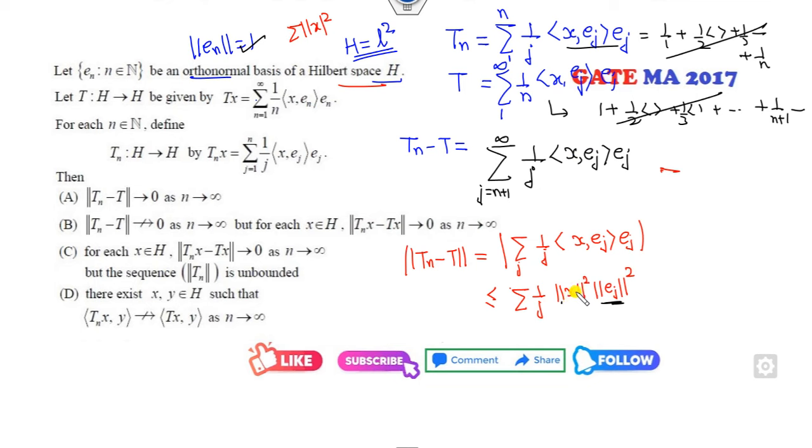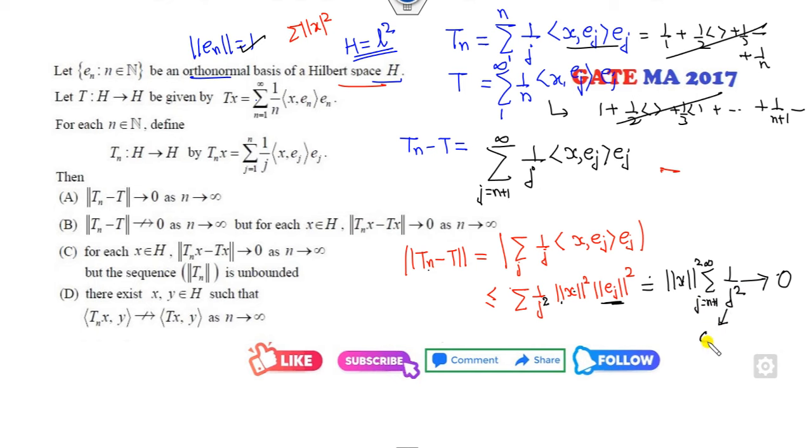This is independent of j, so I can take it outside. So it is norm of x square times the sum of 1 over j from n plus 1 to infinity. Clearly, when n approaches infinity, because this is a finite number, it will go to 0. So what does it mean? That means Tn minus T will go to 0, because this is convergent; sorry, it's a modulus, it's a square.